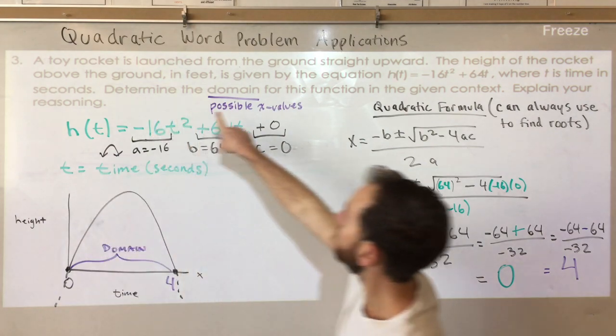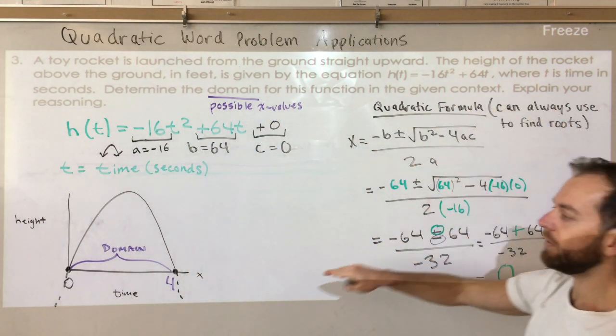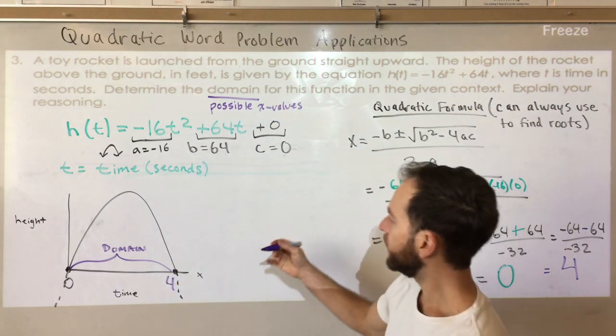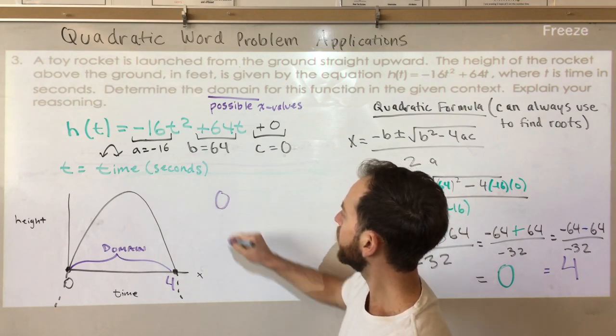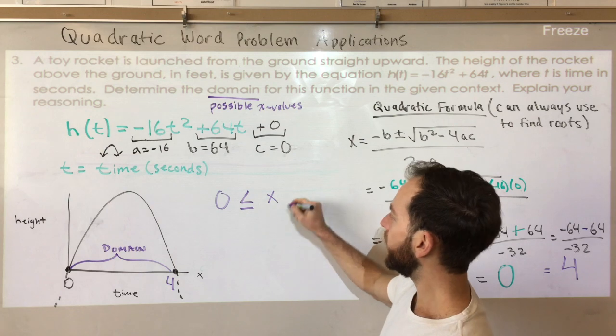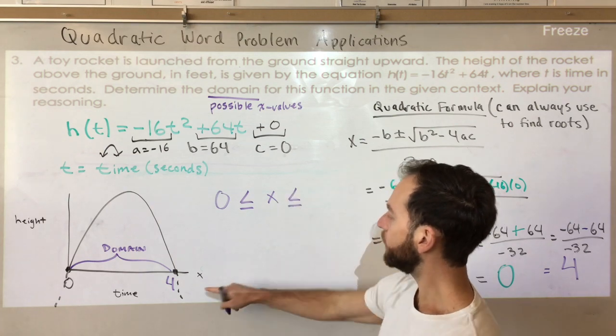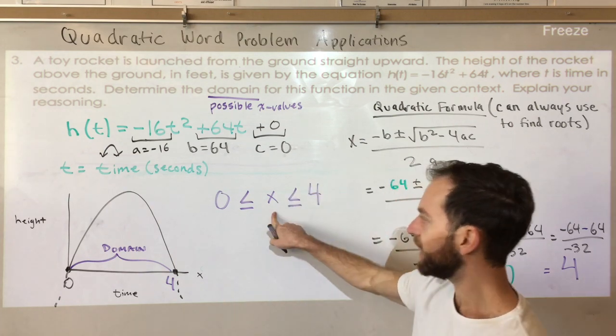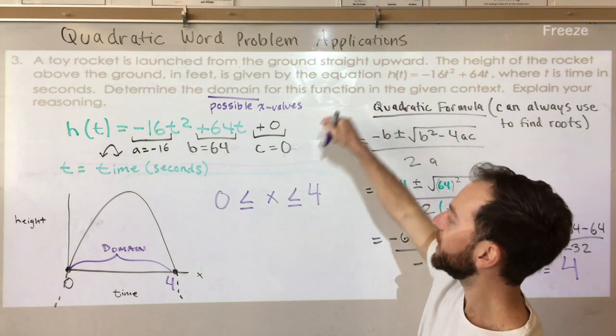That means that the domain for this function is everything between 0 and 4. So we can write it like this, from 0 less than or equal to x less than or equal to 4. Remember, in this case, our x value, we're using a t for time.